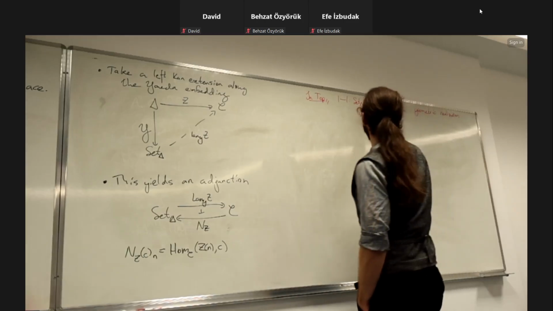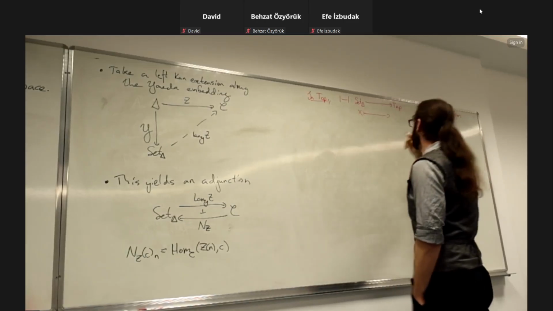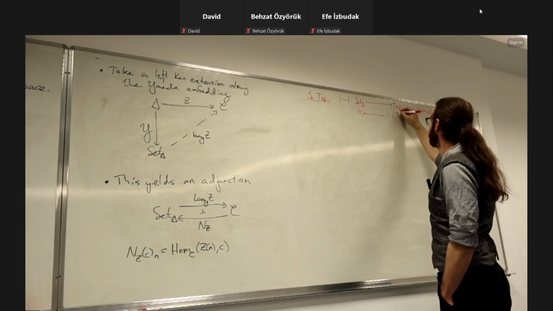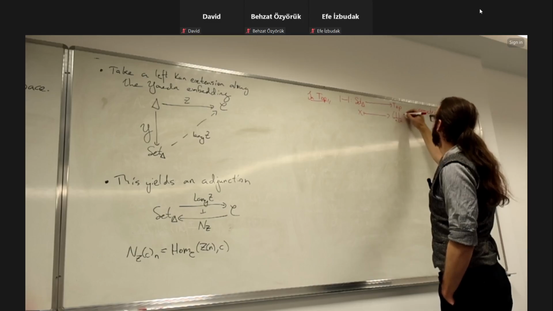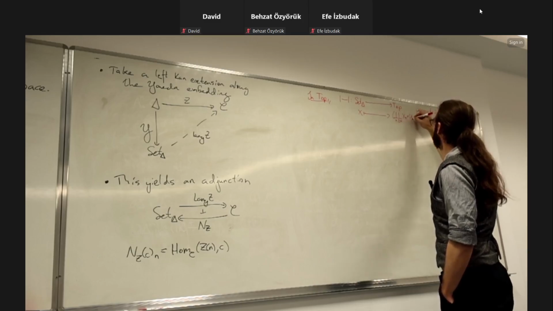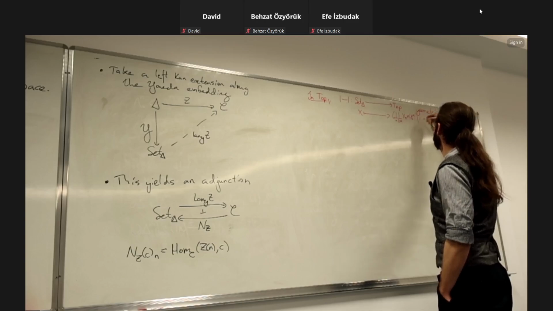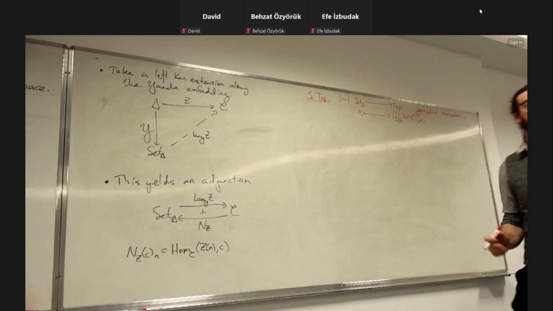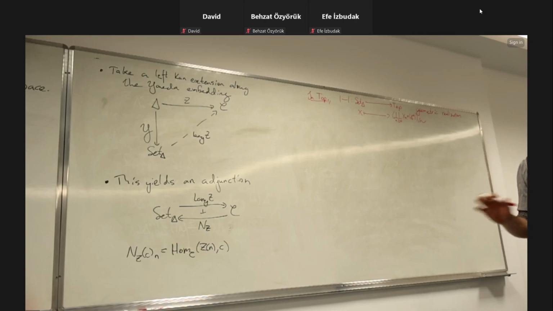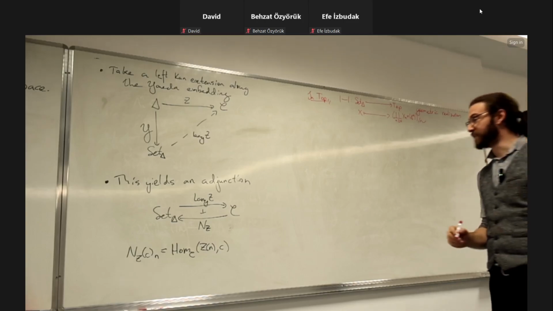This sends a simplicial set X to the topological space given by a disjoint union of X_n cross these standard n simplices modulo an equivalence relation. So this is the usual geometric realization of a simplicial set.